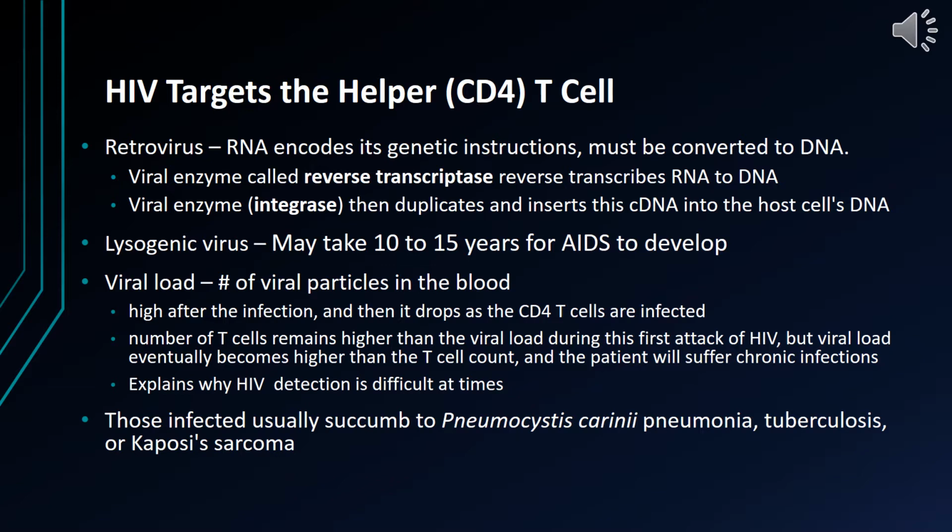And this explains why HIV detection is difficult at times, because there's going to be an instance right after infection where you're not going to feel sick, and then maybe instances where you feel better. Those infected with HIV usually succumb to pneumocystis carinii pneumonia, tuberculosis, or Kaposi's sarcoma, which is a type of cancer caused by a virus.